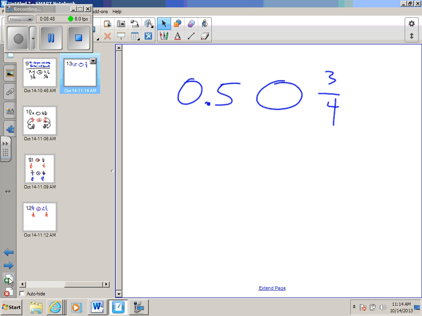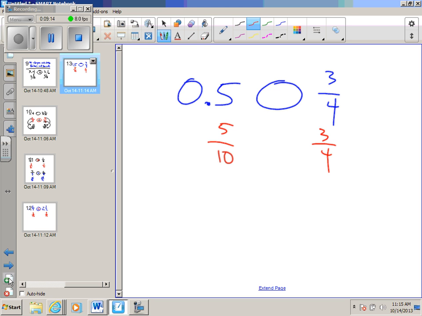5/10 and 3/4. What do we want to do? Do you want to convert the decimal to a fraction? Do you want to convert the fraction to a decimal? What do you want to do? Larissa? Decimal into a fraction. What is this as a fraction? 5/10. So I'm comparing 5/10 to 3/4.